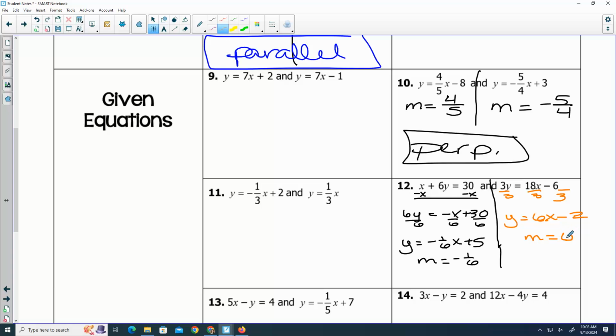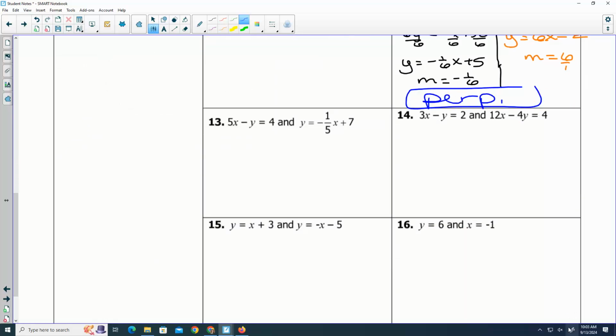The number in front of x is 6, which is the same as 6 over 1. So I have a positive and a negative 1 over 6. If you flip it, you get 6 over 1. So they are opposite reciprocals, which means perpendicular again. Alright, you guys try the next two, 14 and 16.